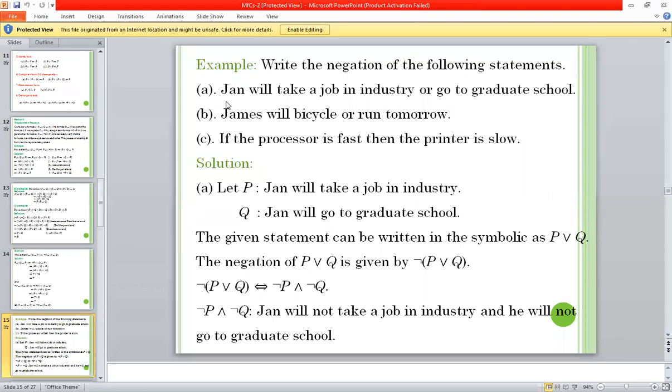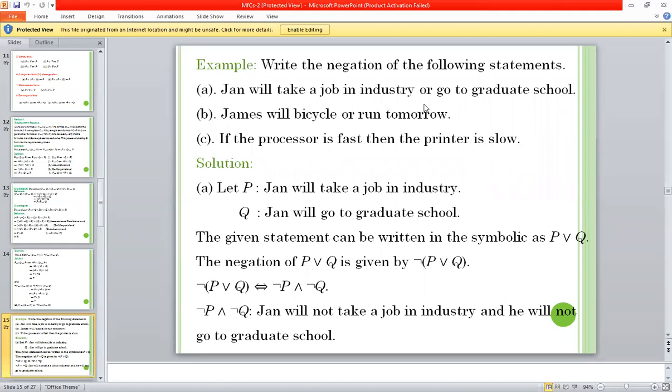First statement, John will take a job in industry or go to graduate school. Second statement, James will buy a bicycle or run tomorrow. Third statement, if the processor is fast, then the printer is slow.